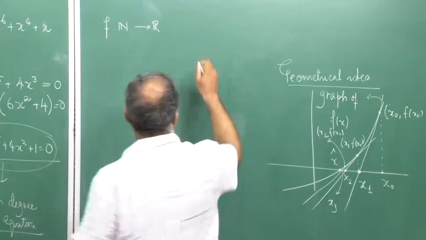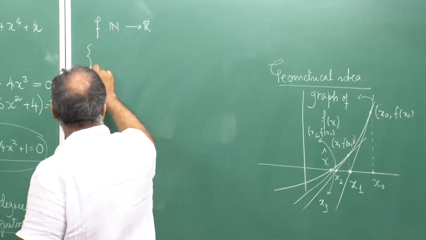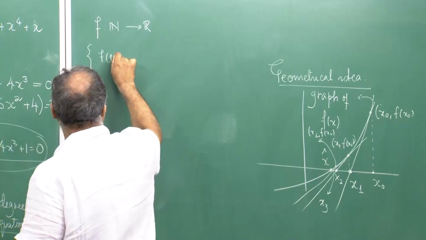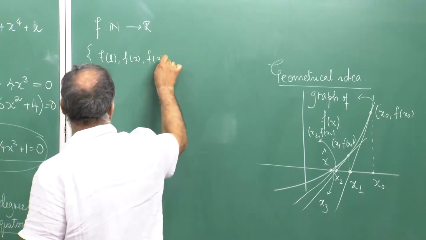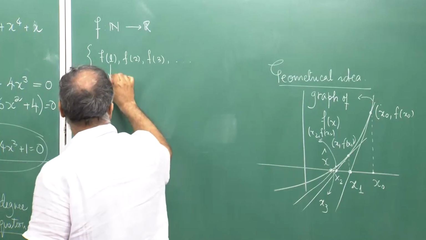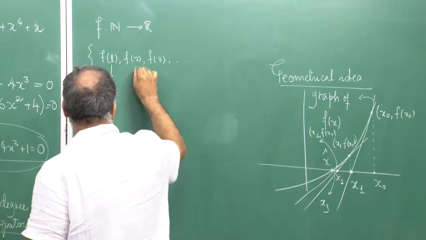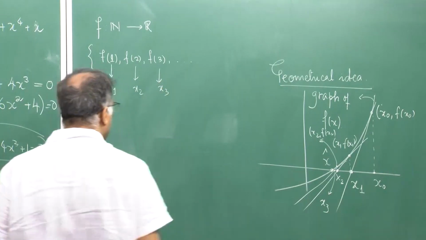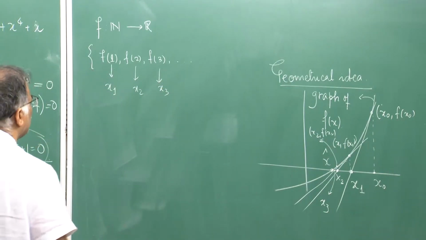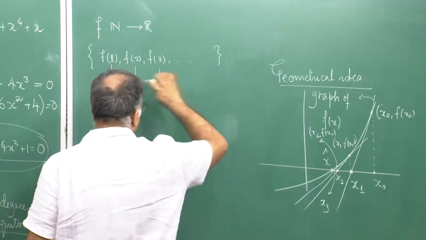That is, you take f1, you list all the numbers f2, f3 and so on. This one we call x1, this one x2, this one x3. In our case, we have defined what is called a sequence. It is infinite, it is countable but infinite.